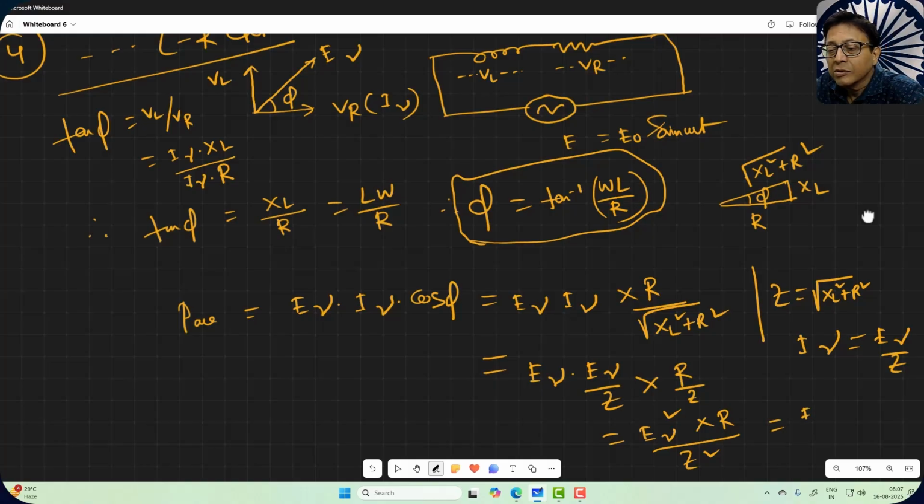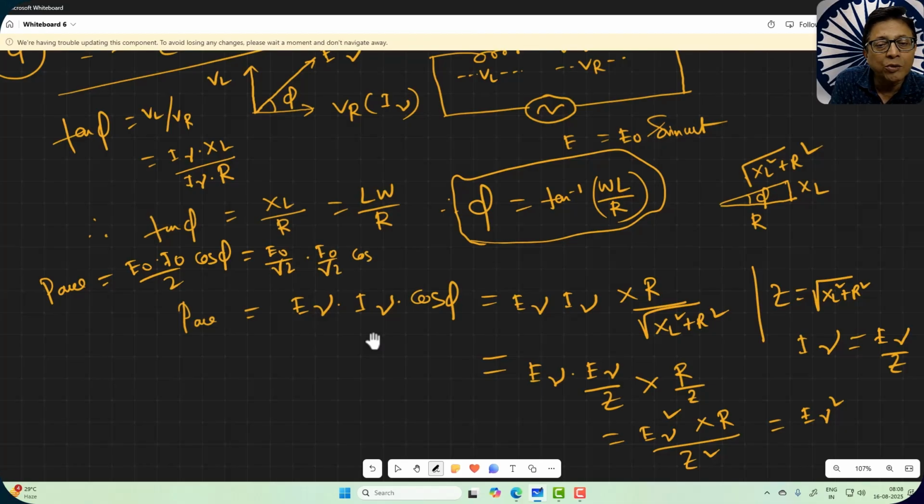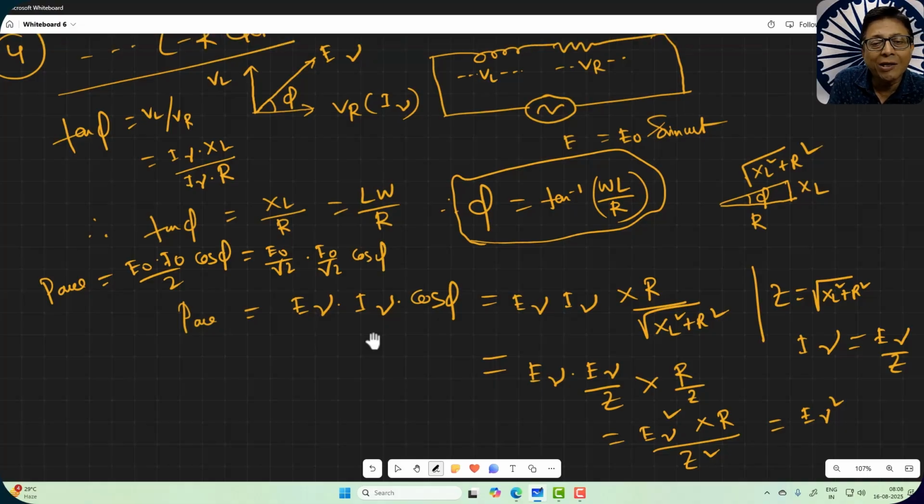This P average expression we have seen: E0 I0 by 2 cos phi. So this is nothing but E0 by root 2 into I0 by root 2 cos phi. E0 by root 2 is what?